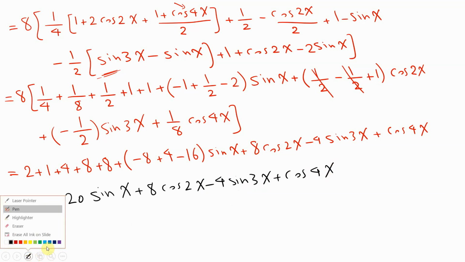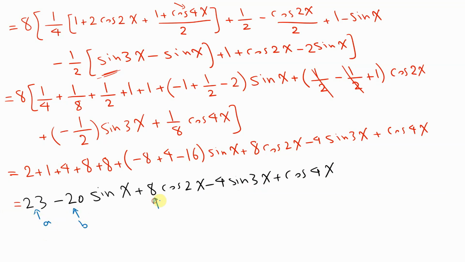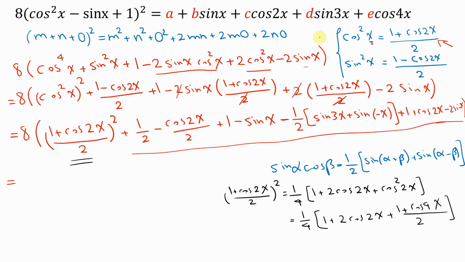So we're looking for the coefficients. This is A, this one is B, this one is C, this one is D, and this one is E. Okay, here are all the coefficients. I hope you get the sense of using the trigonometric formulas, and you have to practice a lot to master the formulas that I gave you as a reminder, these ones and this one as well.